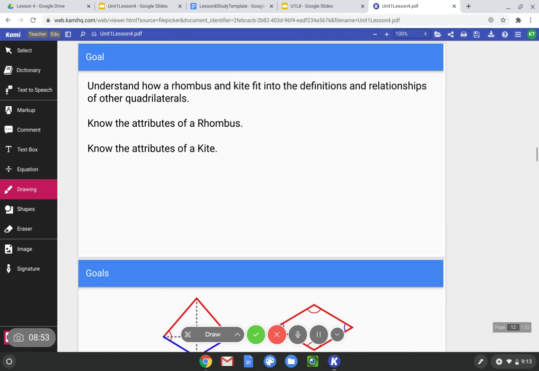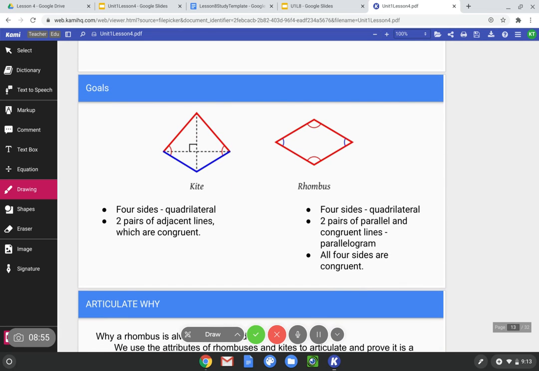So let's go into some examples here. Or not examples, but listing the attributes of the kite and rhombus. So as we said before, the kite is a quadrilateral. It has 4 sides, but notice this kite right here has no parallel lines. This kite does have 2 pairs of congruent lines that are next to each other.